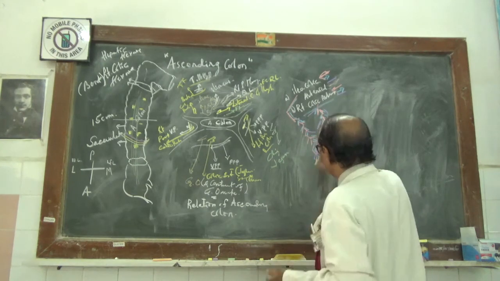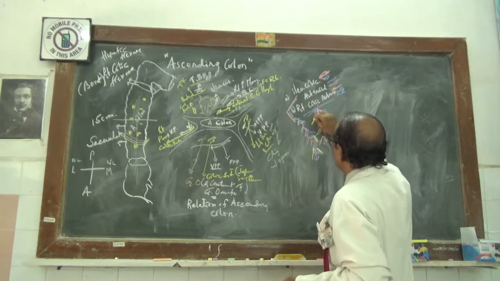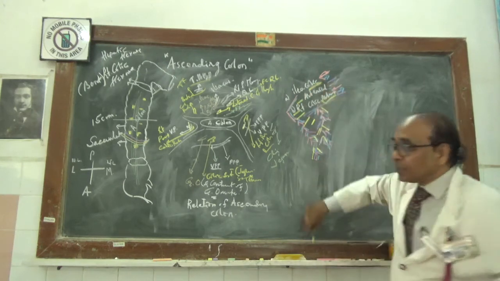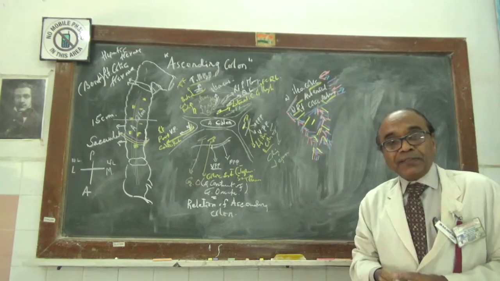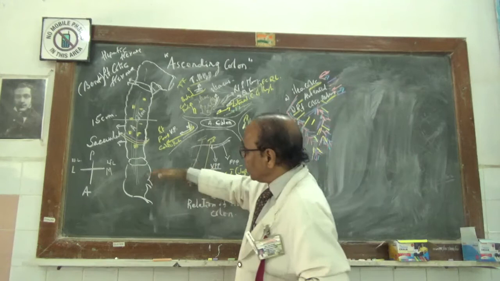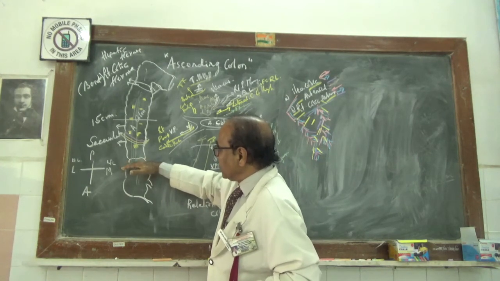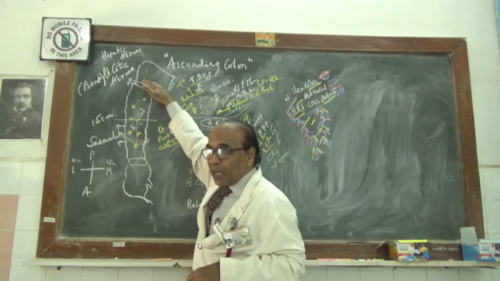After having that, you have the sympathetic and parasympathetic nerve supply for the ascending colon. Sympathetic is the segmental part. The segmental part is from the spinal nerves ranging from the ending of the right lumbar to the ending of the right hypochondriac region.